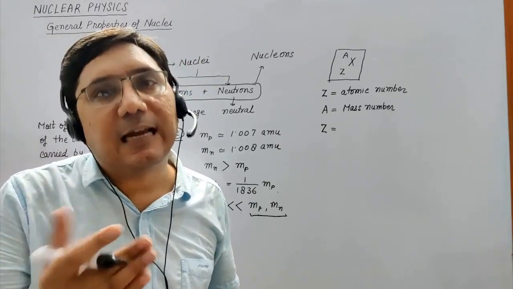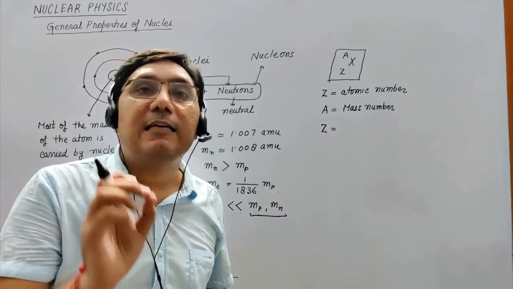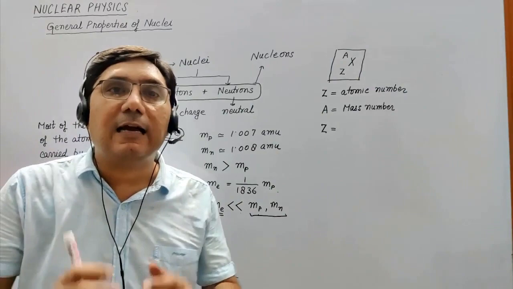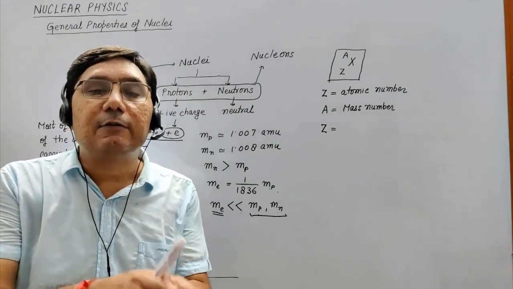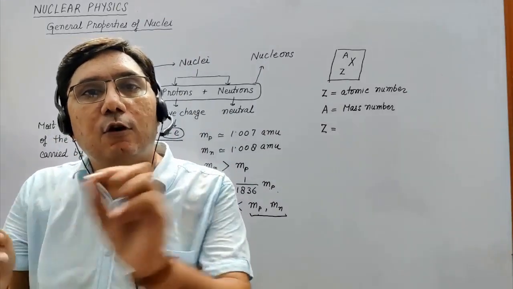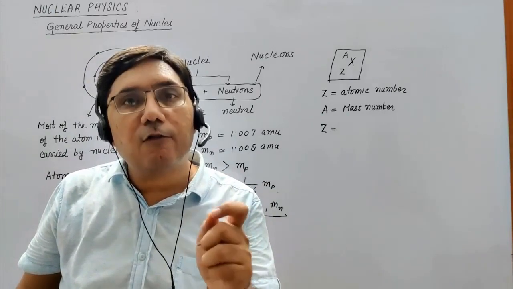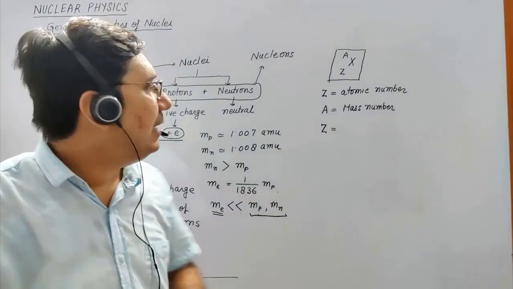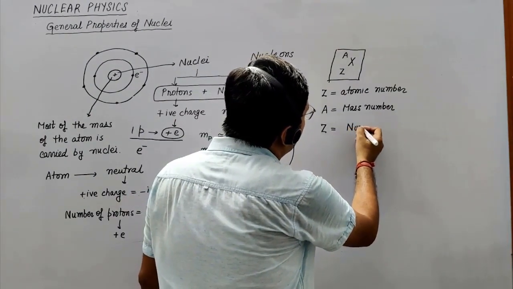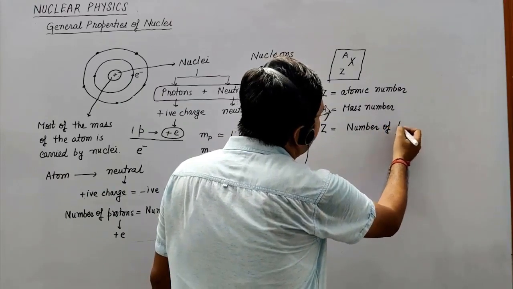So number of electrons can differ. But number of protons inside the nuclei is fixed. Whenever you change the number of protons inside the nuclei, then nuclei will change. It will change from one nuclei X to another nuclei Y. So for a particular nuclei, number of protons is fixed. So this Z number is always equal to number of protons.